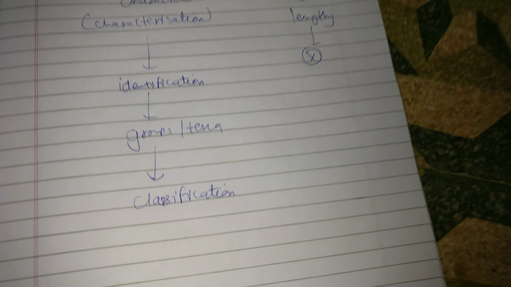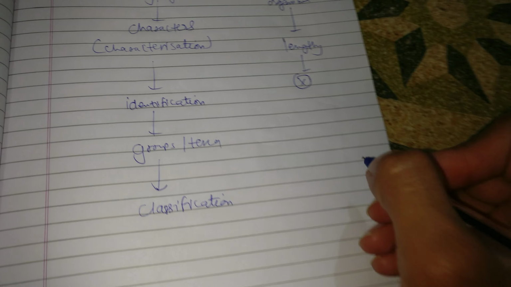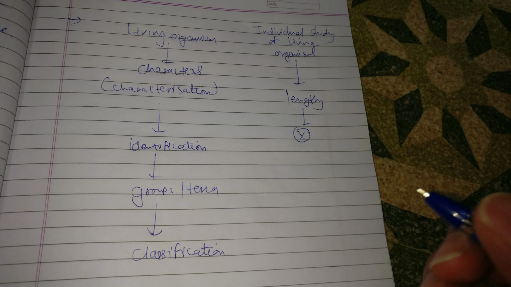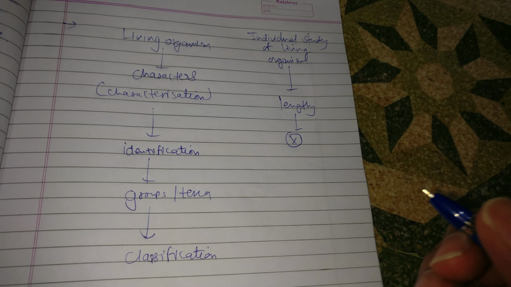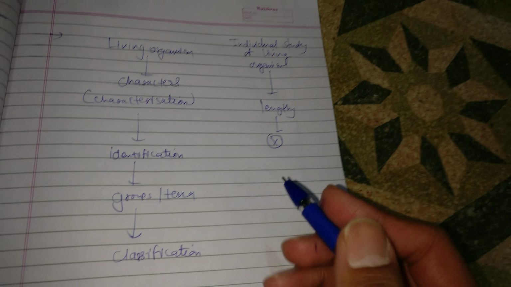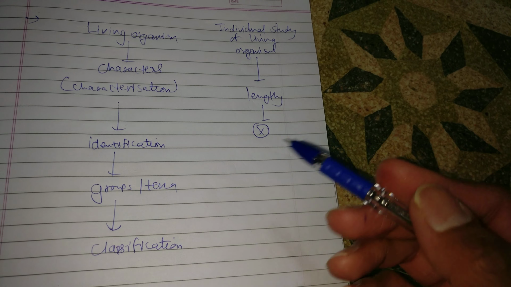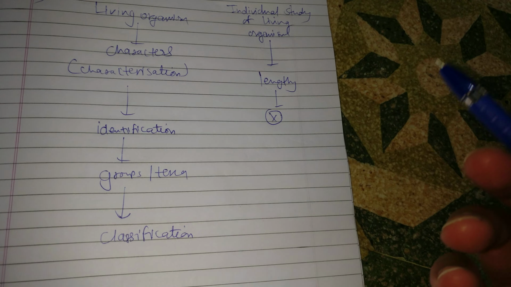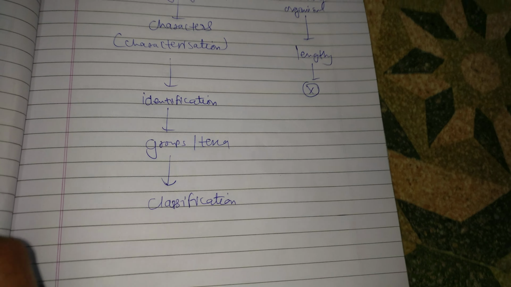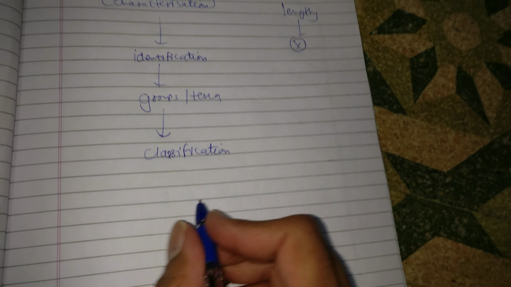So in classification, we study living organisms in the form of groups on the basis of specific characters, instead of studying every single living organism. So classification makes it easy to study living organisms.